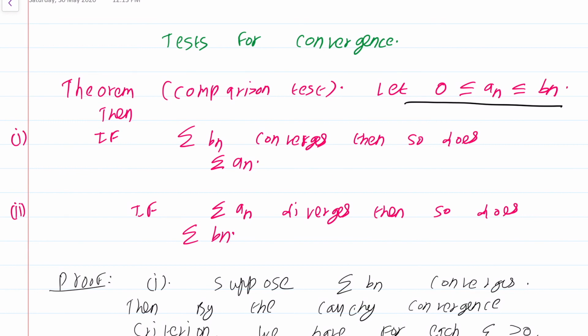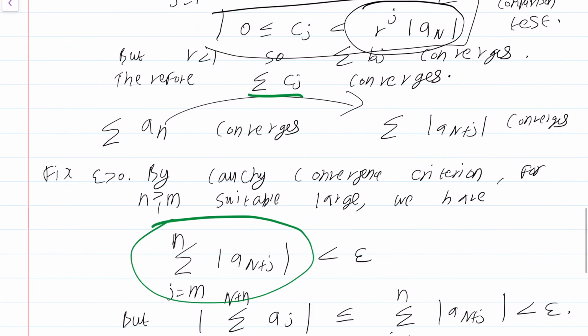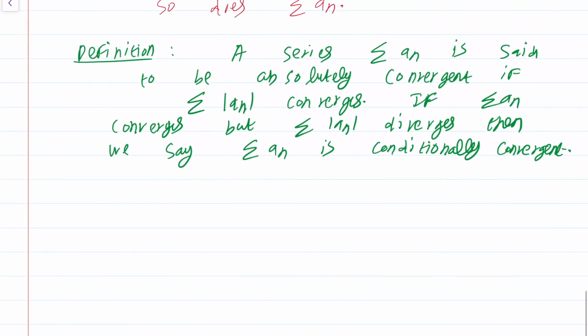By a similar proof to what we have done for the ratio test, you can show that you don't really need this for all n. You just require this inequality whenever n is suitably large. You don't require it for all values of n.